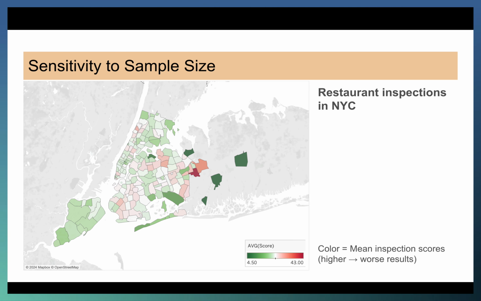And the score, so the higher the score, the worse the outcome of the inspection is, okay? And what I did here was to aggregate the scores by zip code, once again in New York City. And the color represents the mean or the average score of that region, of that specific zip code.